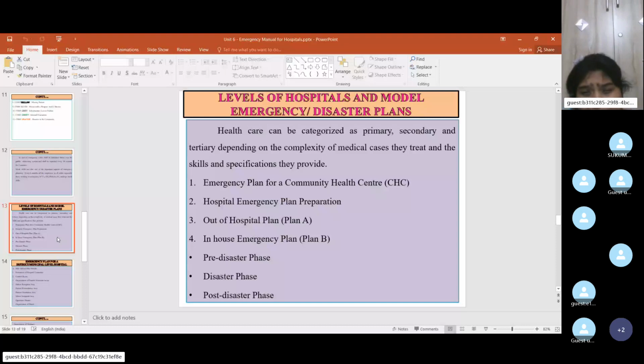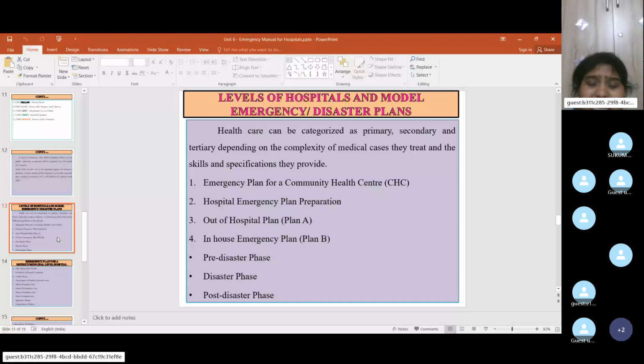Here are some specifications. First, the emergency plan for a community health center. Whenever a disaster happens, we immediately shift people to the nearby localities and alert all the community health centers, especially to stabilize people.